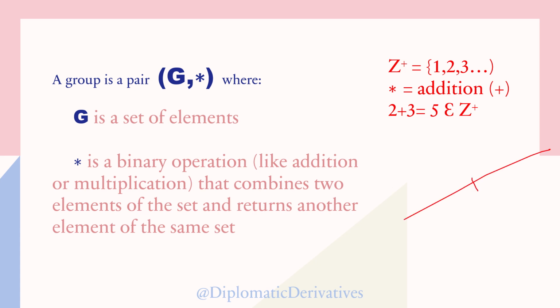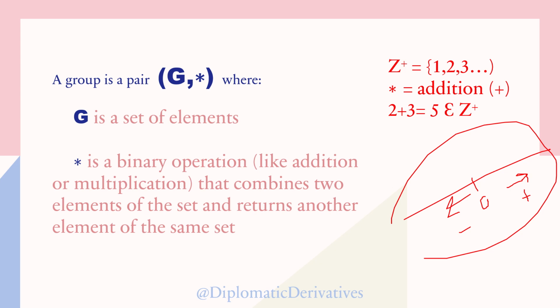We have a 0, and on this side we have all the positive integers, and on this side we have all the negative integers. If you just write Z, we are talking about the entire number line, but when we add a plus here, we are only talking about the positive integers, and we exclude the negative side and 0 as well, because 0 is neither positive nor negative. So this is talking about the positive integers set.